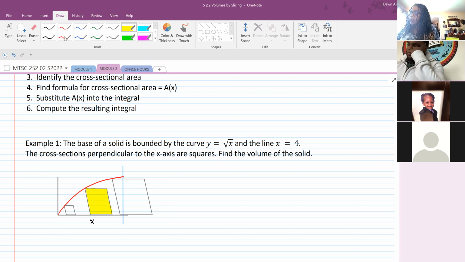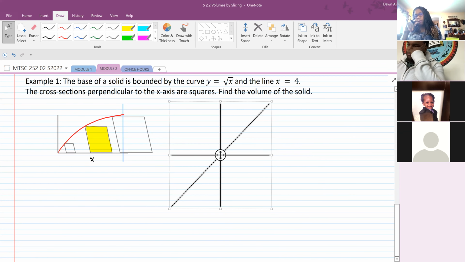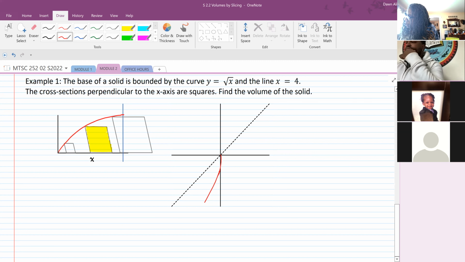All right, if I were to draw this three-dimensionally, and here is y is equal to the square root of x.